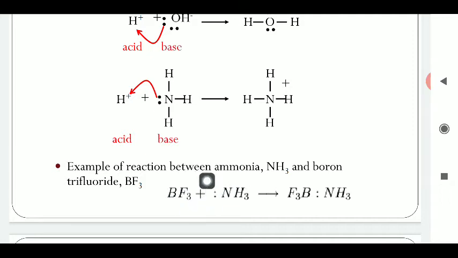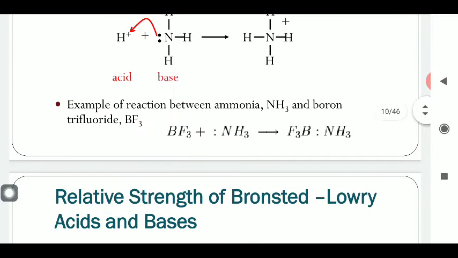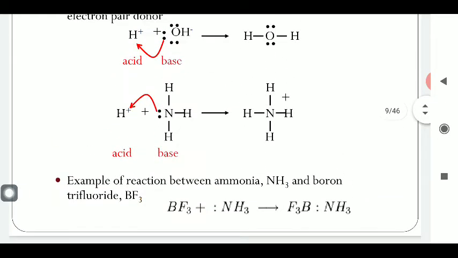You can also give some examples: AlCl3, ZnCl2, FeCl3, and all these compounds are electron deficient compounds, and their property can be explained on this basis.